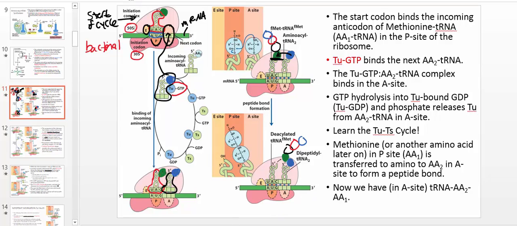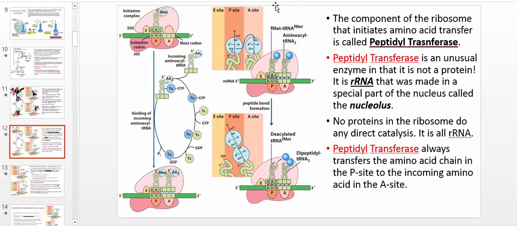Now, this particular reaction is catalyzed by an enzyme, which we'll see on the next page. This enzyme is called peptidyl transferase. And this is an unusual enzyme because it's not a protein. It is made of ribosomal RNA, or rRNA. We haven't really talked much about rRNA, but I'll mention it here. rRNA is synthesized through transcription, in basically the same way that mRNA or tRNA are made.